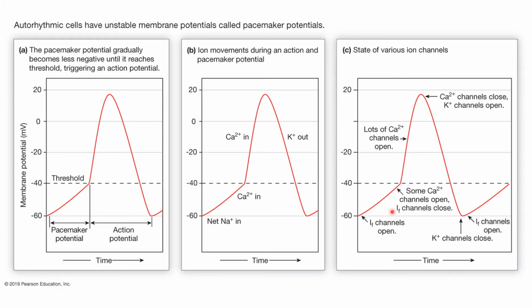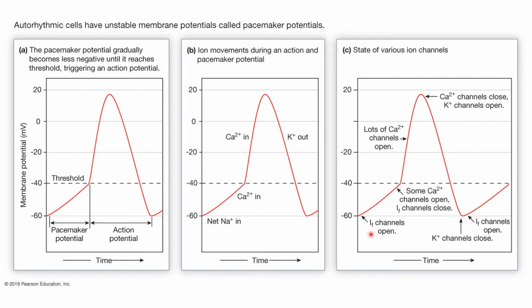Those channels, one of them is known as the IF channel, and the other one is calcium channels. IF, the F actually stands for funny. So those are called the funny channels. The reason they call them the funny channels is because when they first discovered those channels, they thought that those channels were acting weird, and so they called them funny channels.